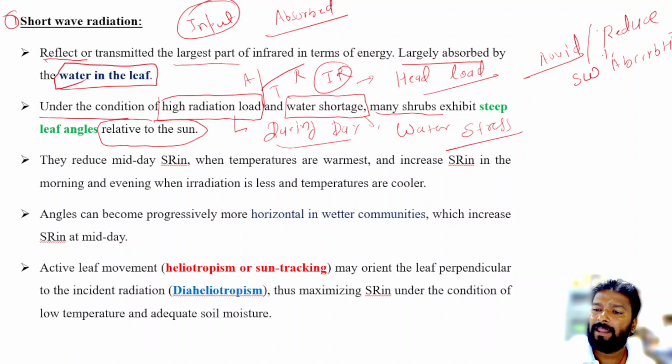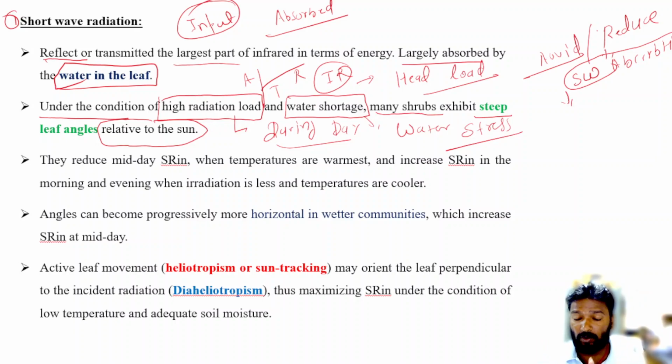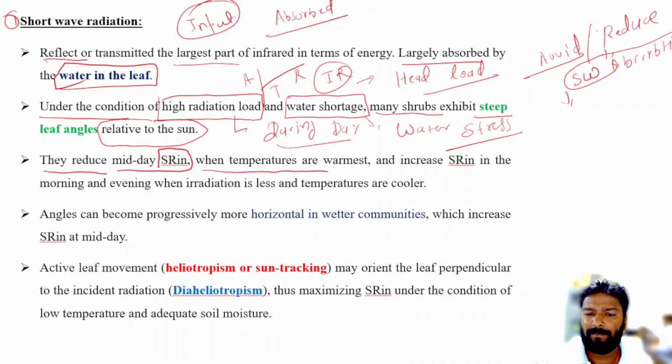This is a mechanism, steepening of the leaf angle, to reduce the absorption of short wave radiation and reduce the high radiation load. So they reduce the midday solar radiation input, when the temperatures are warmest.